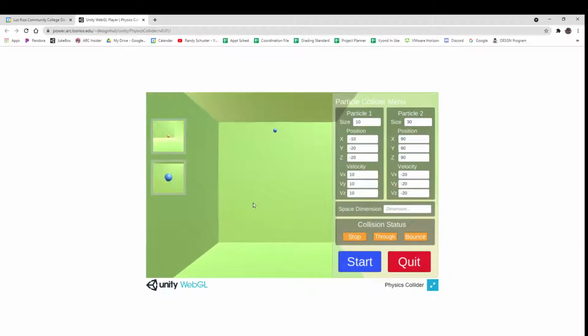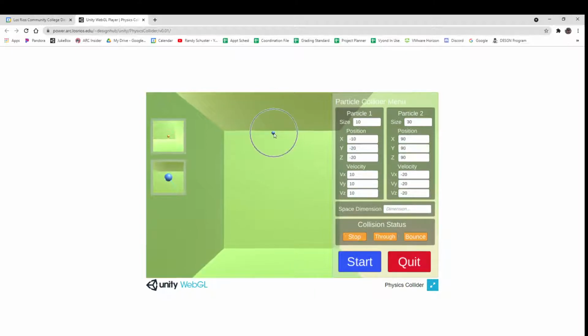The tool is incredible. We can even give elasticity to the particles. And we can put gravity, we can put attractive or repulsive forces between the particles. They're all in the Unity engine.